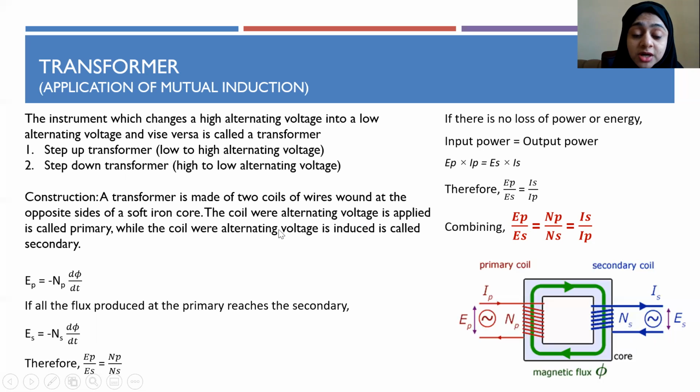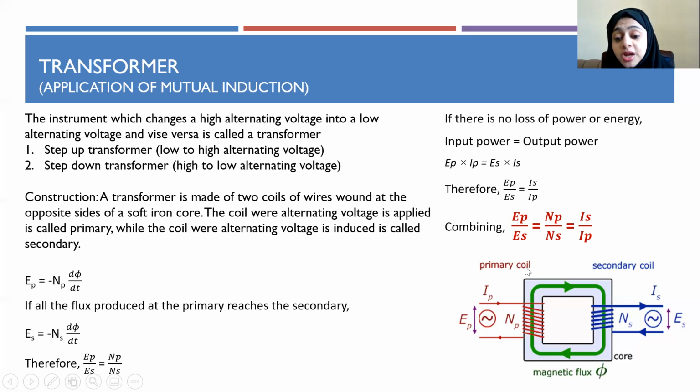And the coil where an alternating voltage is applied is called primary. So here we give an alternating voltage. This symbol is shown for alternating voltage, changing voltage. So here we apply a changing voltage represented by EP.